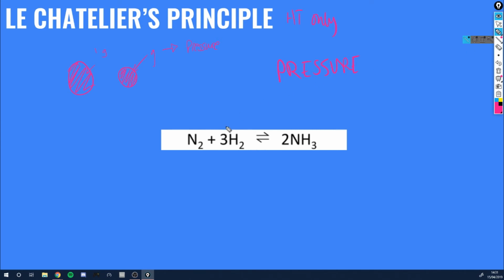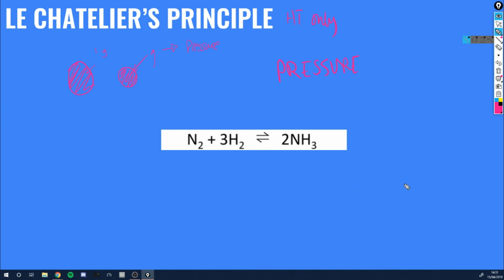Okay, so with pressure, if you increase the pressure of the entire thing, equilibrium will shift to the side with the smaller number of molecules.